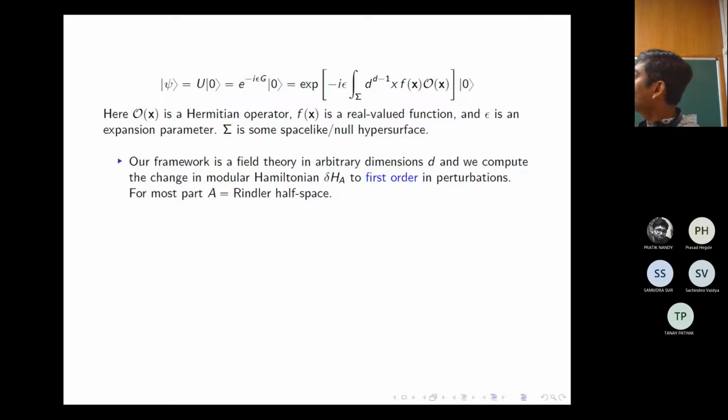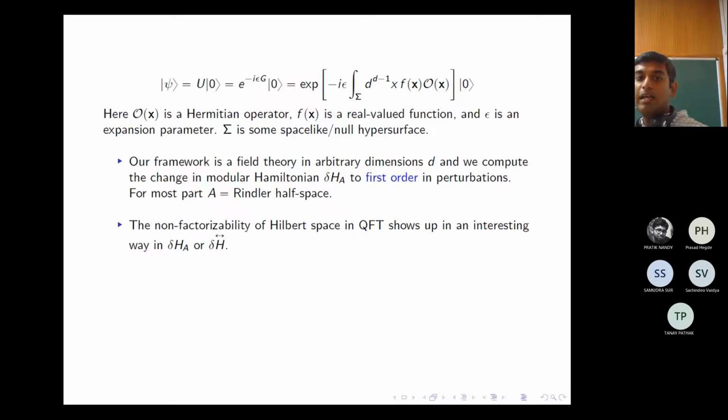Then you can also compute delta HA bar, and from there you can compute the full delta H with this upper left-right arrow. In field theory, whenever we say that we have bipartitioned the region into A and A bar, we are actually being a bit imprecise.